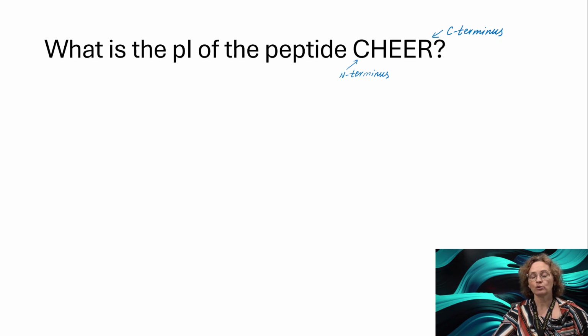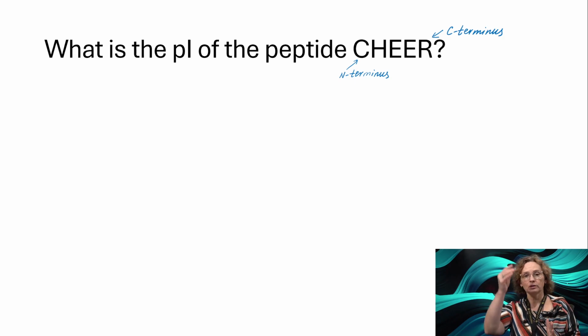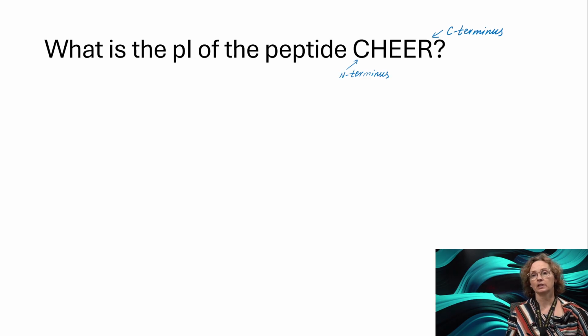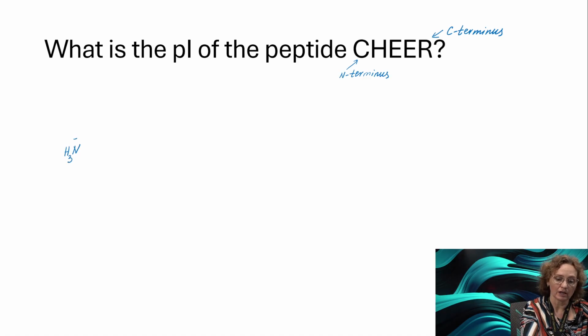Now, let's recall that usually peptides acquire trans configuration, meaning that the side chains at all amino acid residues will alternate down or up the plane of the peptide bond. So I'm going to draw it right here in the middle of my page. I'll start with the alpha amino group, then that's my alpha carbon here.